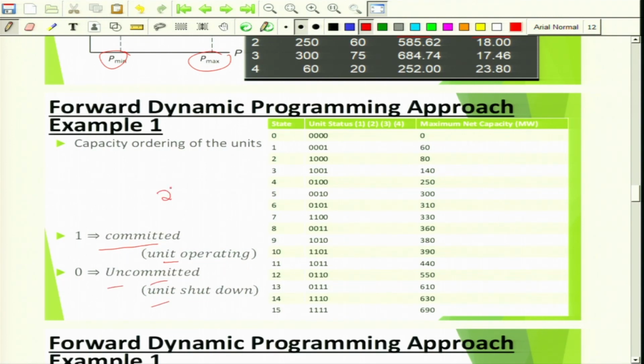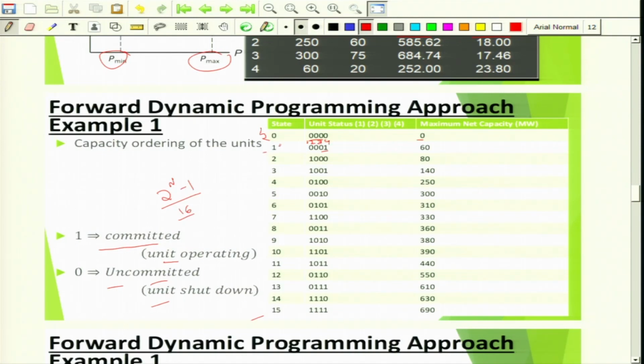So there are 2 to the power of n minus 1 enumerations possible because there are 4 units. So you will get 16 combinations starting from 0 till 15. Now for each combination you get the maximum net capacity. This is the order it goes: unit 1, 2, 3, 4.